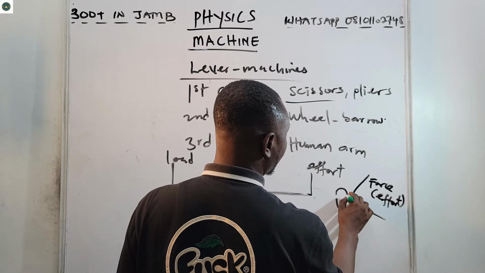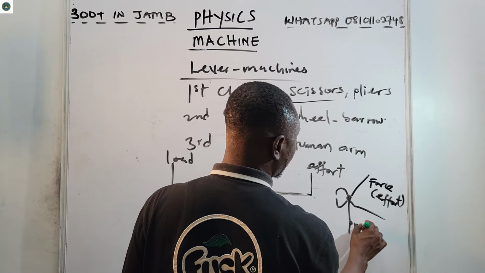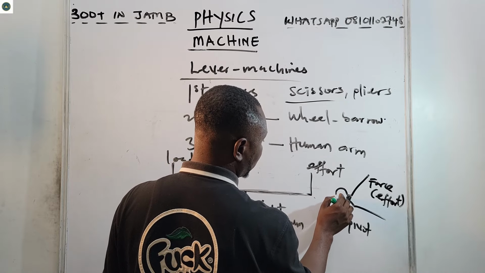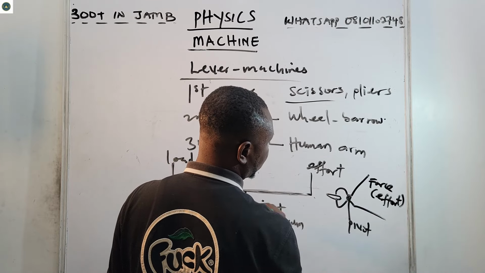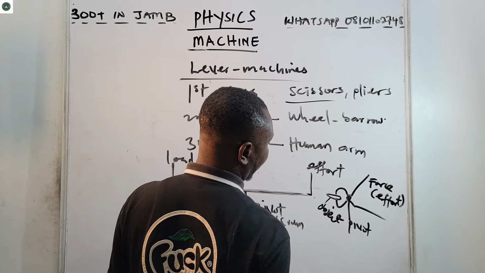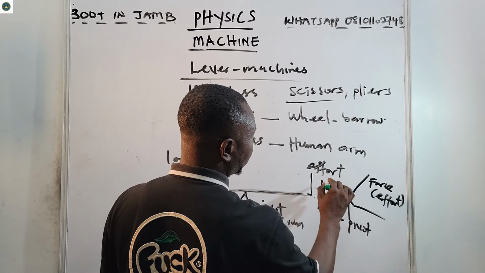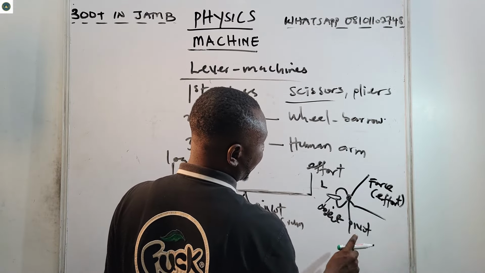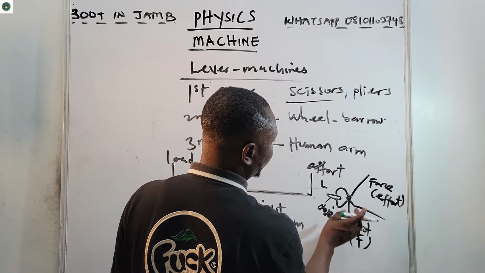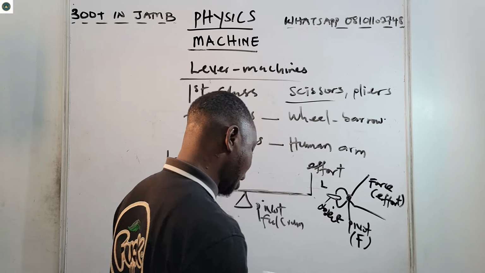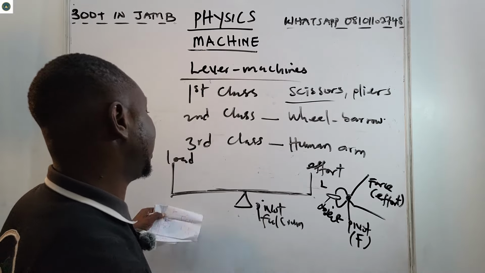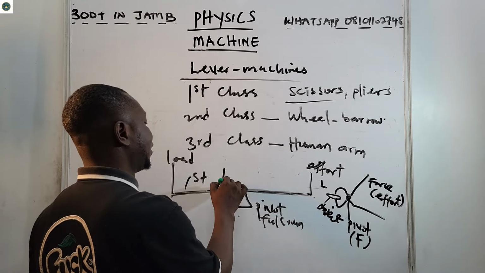In between, there's this pivot. Then here maybe your load. Maybe this is an object you need to cut. So you have the load. That means the pivot, which is the fulcrum, is between the load and the effort. So in that case, this is a first class lever.